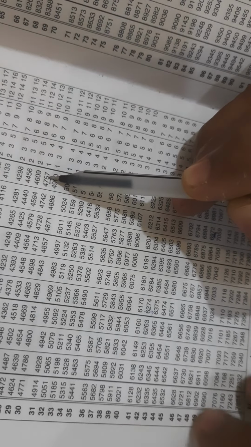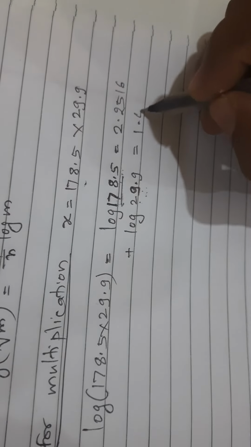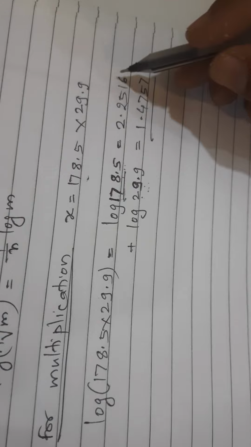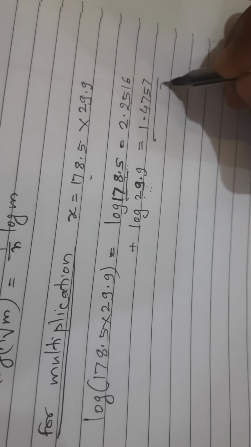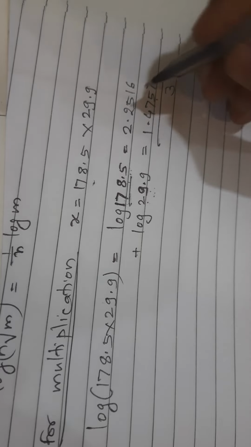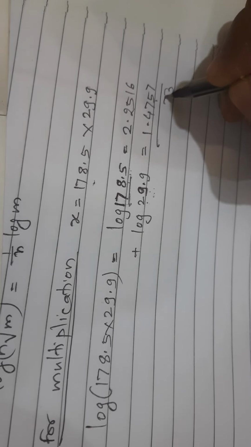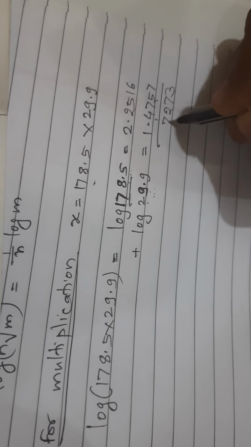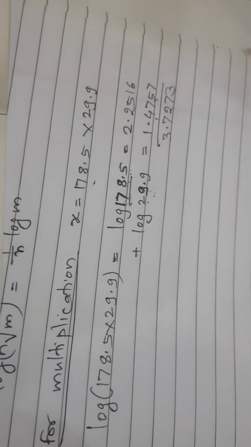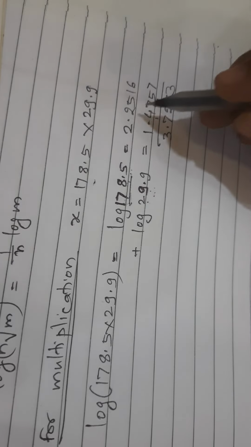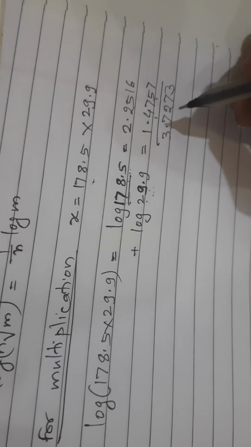Therefore 47, 57. Now take the addition of both. 6 plus 7, 13. Carry 1. Then 7, 12, 7 and 3. Now 3.72, 73 is the addition of this log.